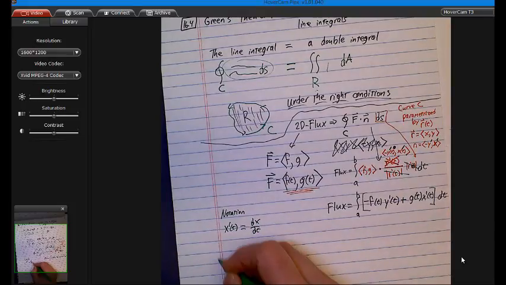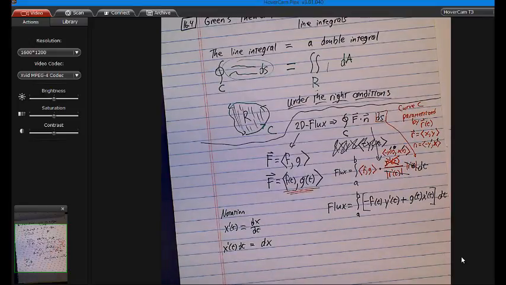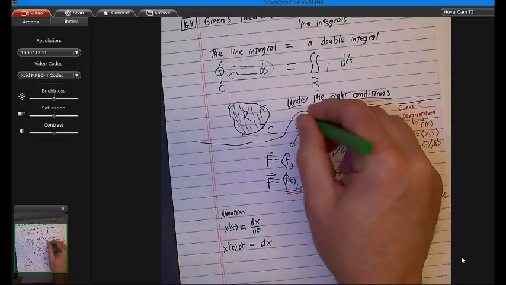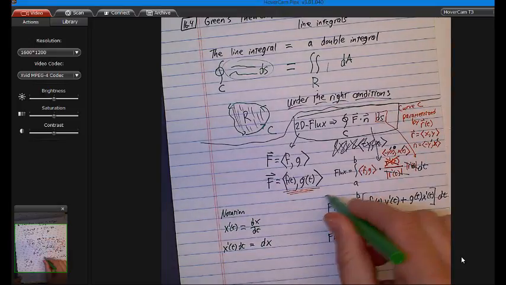And so, if I have x prime of t dt, the differential way of writing it is just call that dx. You've seen that before in Calc 1, and you've seen differentials here in Calc 3. My point of this little chicken scratch explanation is that you will see the flux integral written this way. You will see it computed this way.